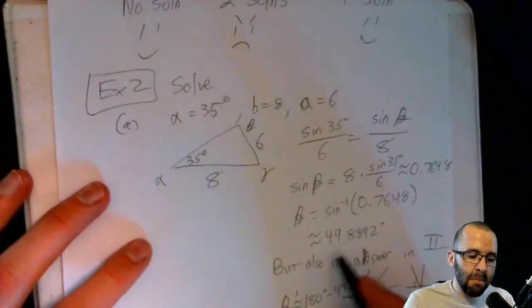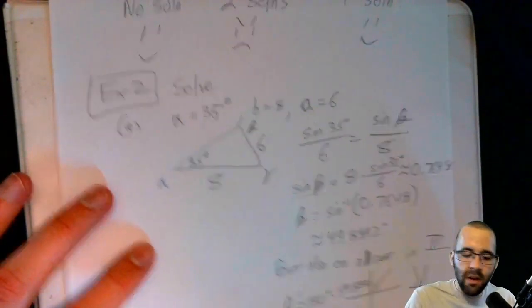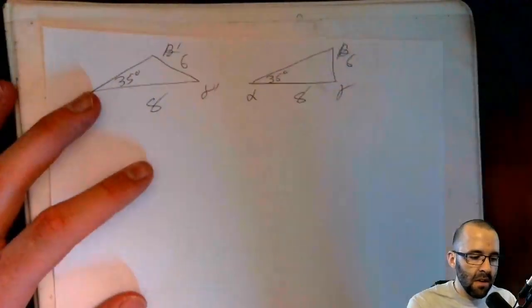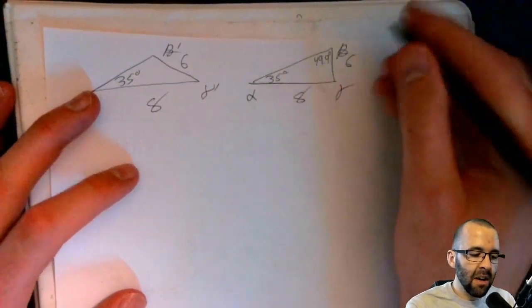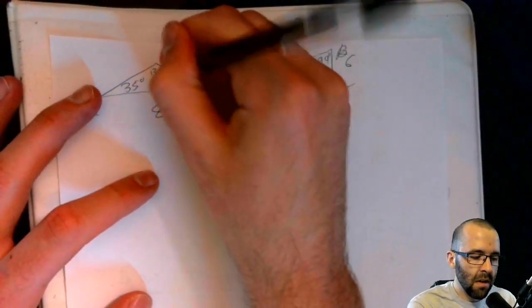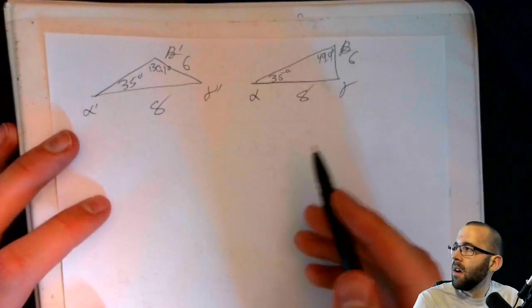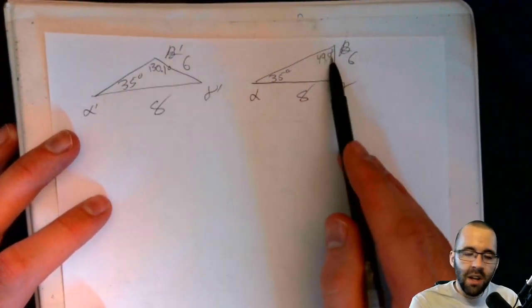But we said that beta is about 49.9 and beta prime is about 130.1. 49.9 degrees is beta, and I said that wrong. We got two triangles here, one with an obtuse angle and one with an acute angle.